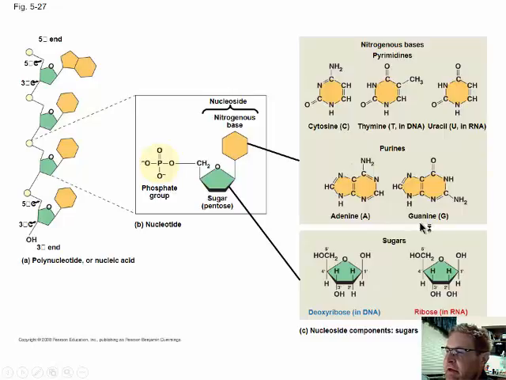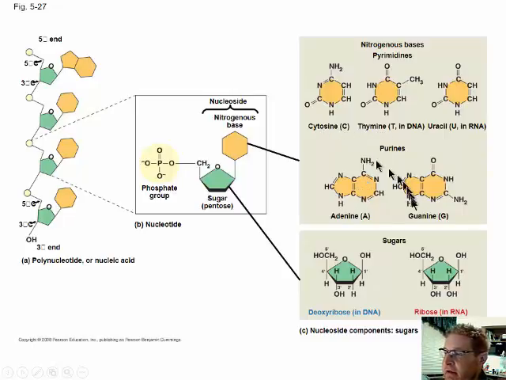Now, the nitrogenous bases, there can be 4 at any time. If we're in DNA, you have cytosine, thymine, adenine, and guanine.